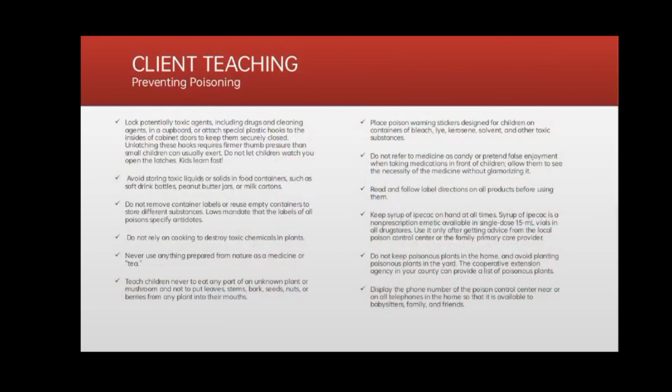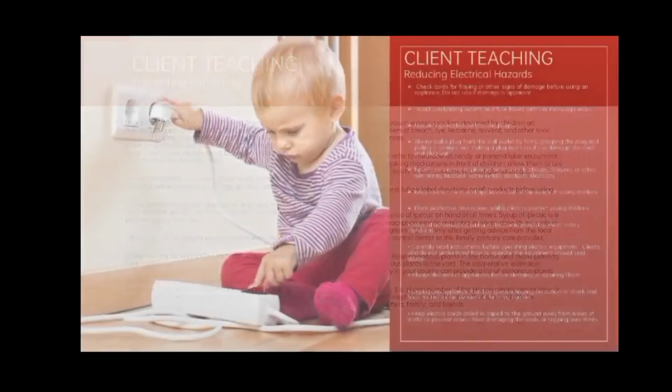Unlatching these hooks requires firmer thumb pressure than small children can usually exert. Do not let children watch you open the latches. Kids learn fast, so they could probably do it without you noticing. Pretty much a list of tips to prevent poisoning. There are more than 10.